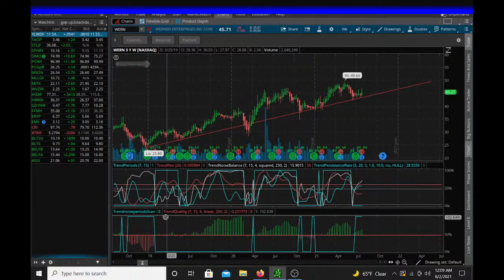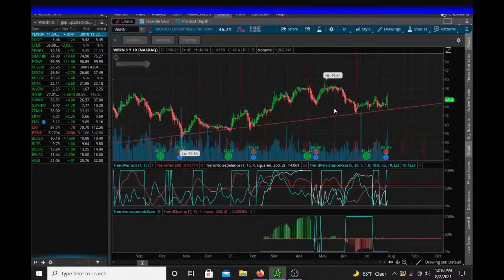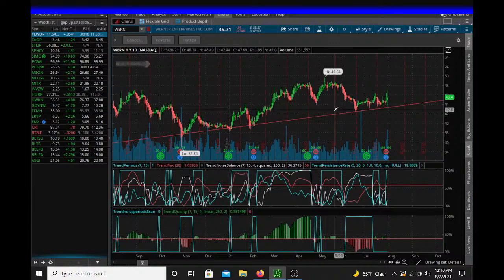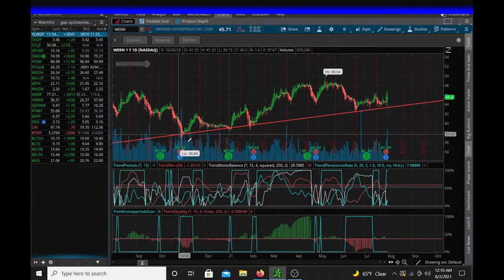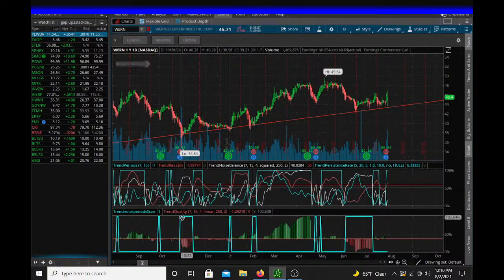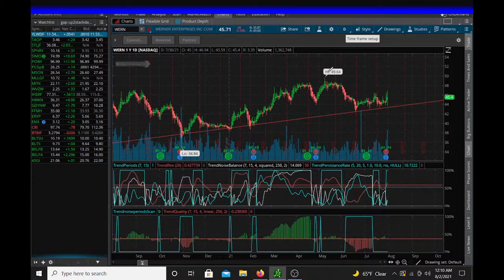So really, we may even take a contrarian's view on the trend noise periods, say on the weekly. And on this daily time frame, okay. This trend's down here. And we do catch it. All right? So this is catching many of the 52-week lows as well. And does it catch 52-week highs? Well, no, it doesn't. But if it were to catch a 52-week high, I would consider that to be a very big divergence.